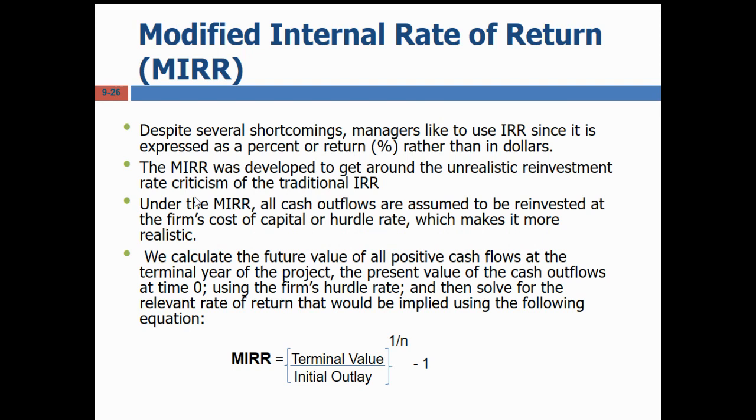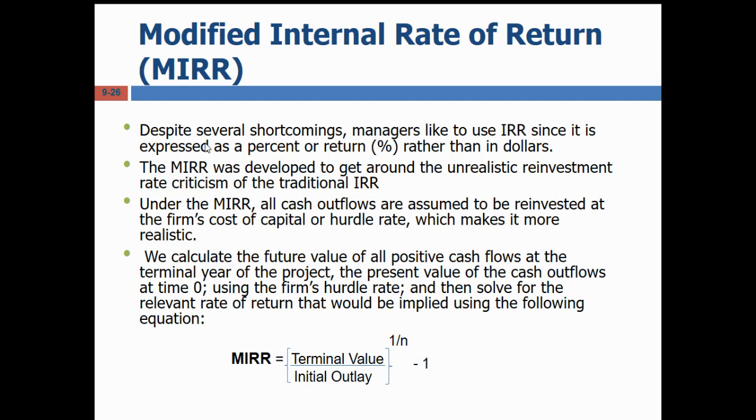So this technique is modified internal rate of return. This is because of several shortcomings in IRR. Even with those shortcomings, managers still prefer the method because of the way it shows the return, which is in percentage.